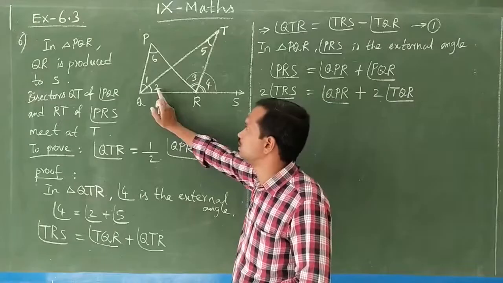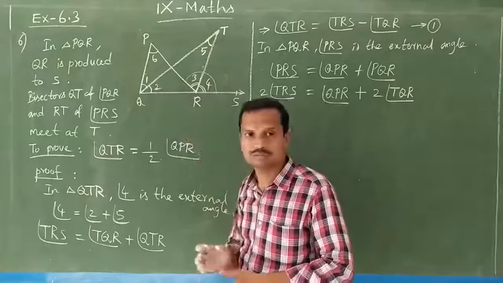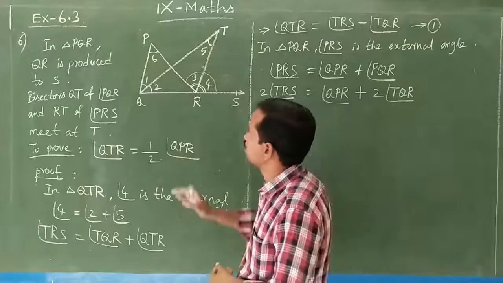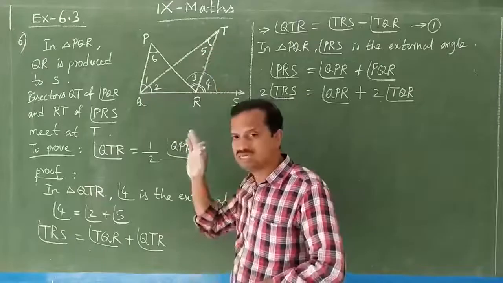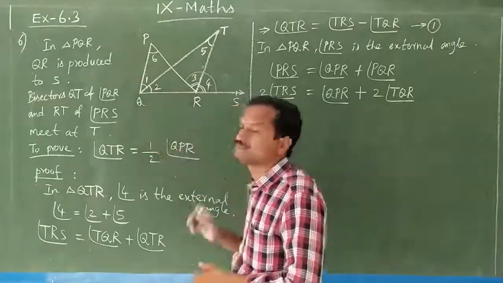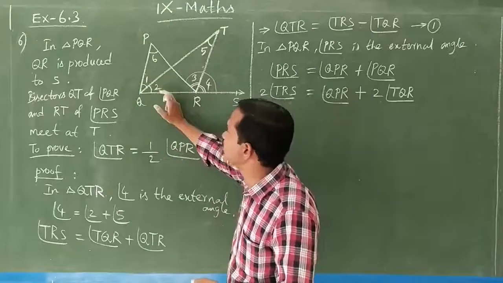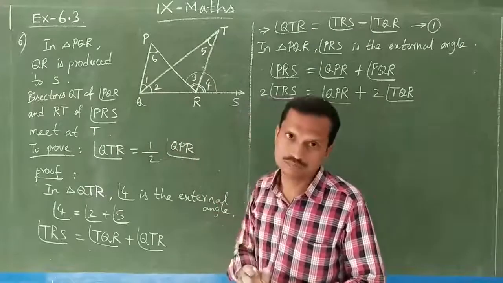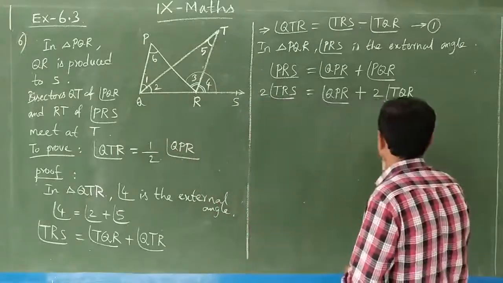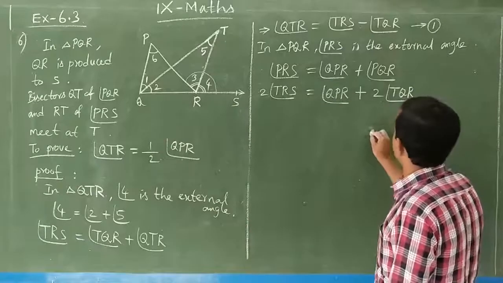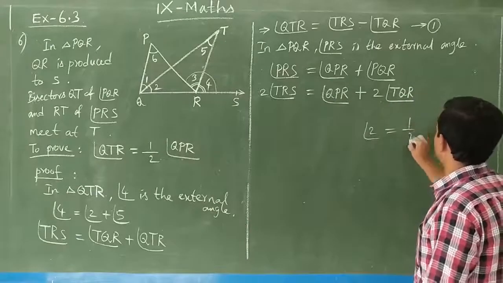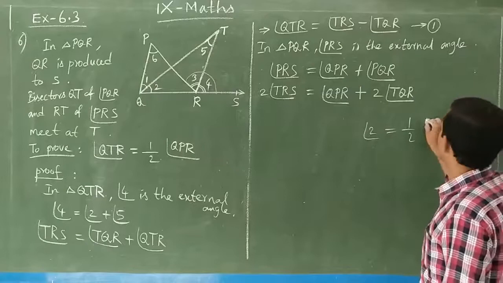Angle 2 is the half of PQR. Is it clear to you? Because QT is the bisector of PQR. So angle 2 is half of PQR. If you want, you can write for our understanding. So angle 2 is nothing but half of PQR.